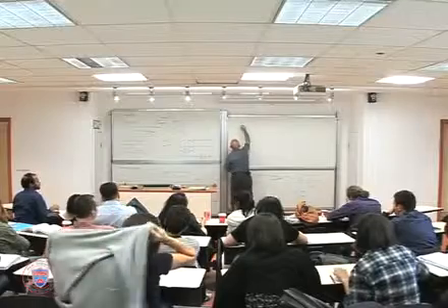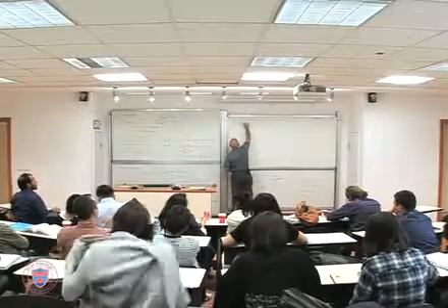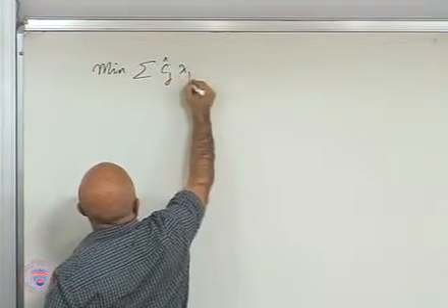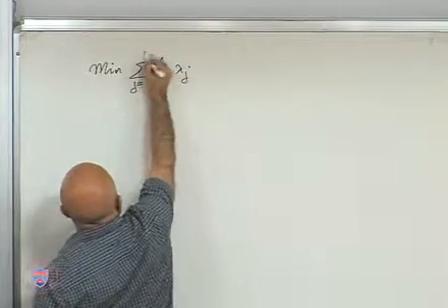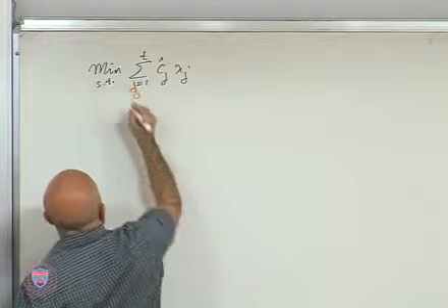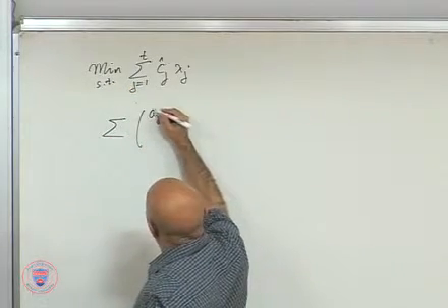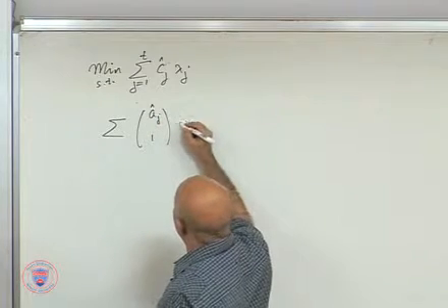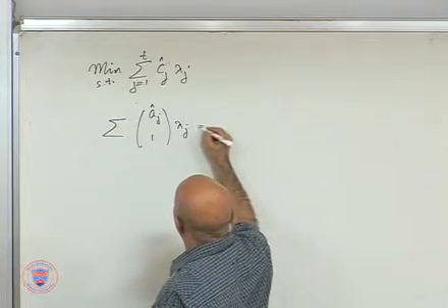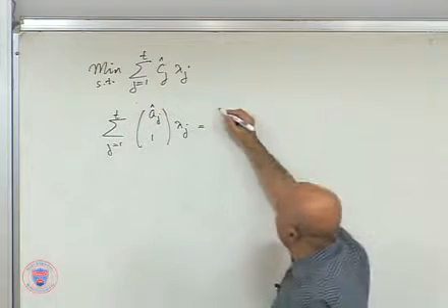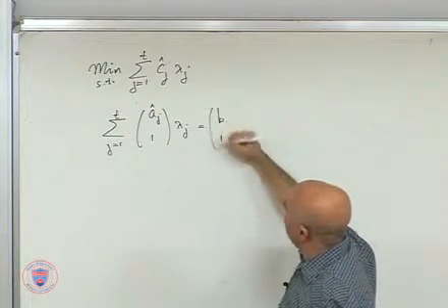So the problem becomes minimization of the sum of Cj cap lambda j, subject to the sum of aj cap with a 1 times lambda j equals b and 1.